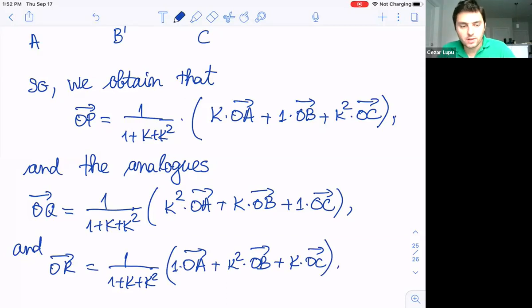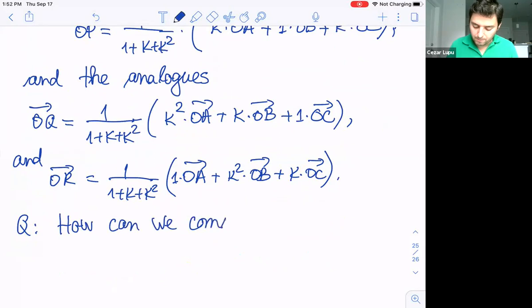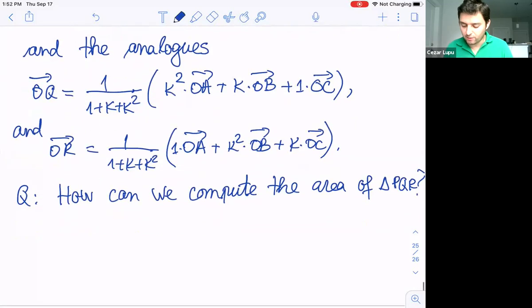Now the question is how to compute the area of the triangle PQR. That's what I'm interested in. So I know only these vectors.